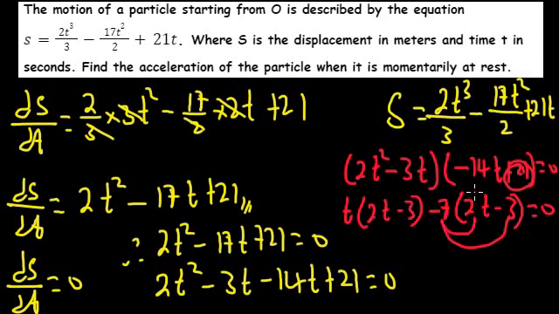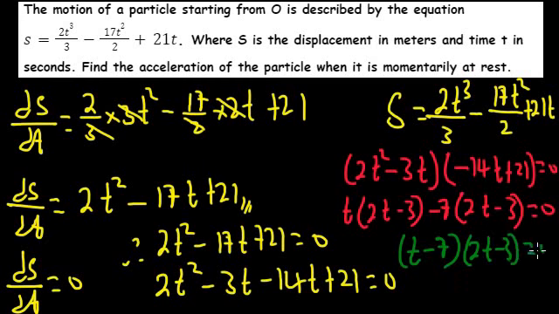Minus 7 times 2t gives us minus 14t. So taking out the GCF, we have t minus 7 multiplied by 2t minus 3 equals 0. So now the goal is to solve for the corresponding values of t.